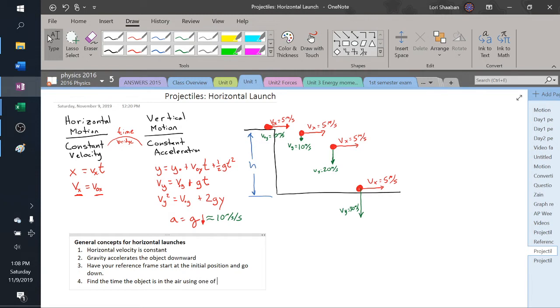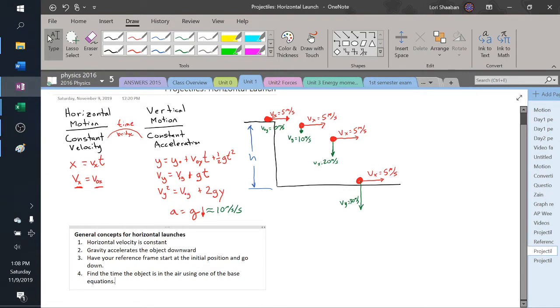Using one of the base equations. Okay, now let's take a look at some of these base equations here. We know the initial velocity in the x direction is constant, and we have all of these equations here on the right. Watch what happens.